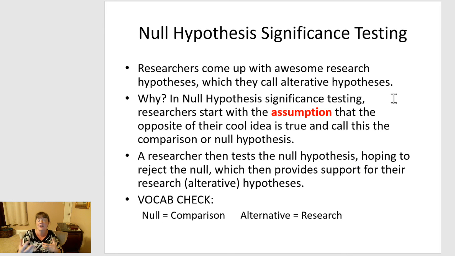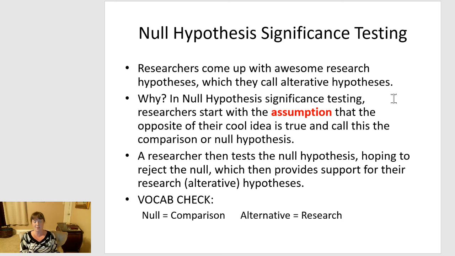There are interesting findings out there in the world, like men and women are different, or kids who get Head Start have a different average academic performance than kids who don't get Head Start, that older folks have lower cognitive functioning than younger folks. Whatever, researchers are looking for there to be interesting average differences between groups. That is almost always the case. And it's certainly going to be the case in this class.